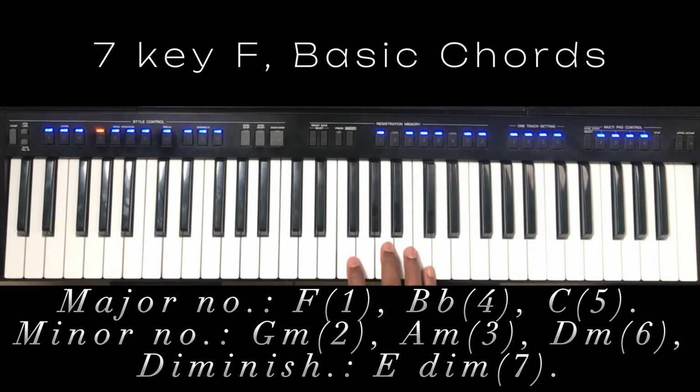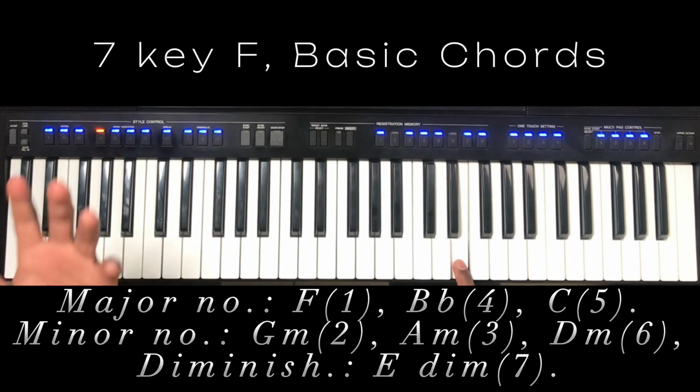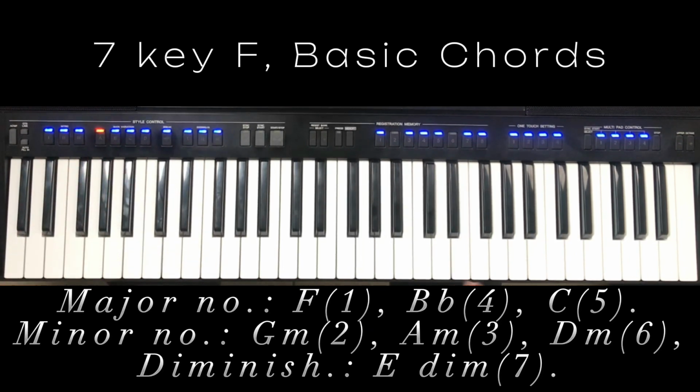So, you pick the 1, the 4 and the 5. These 1, 4, and 5 are usually major. 2, 3, and 6 are usually minor. And 7 is usually a diminished 7 or a diminished chord. So this is how we find them.